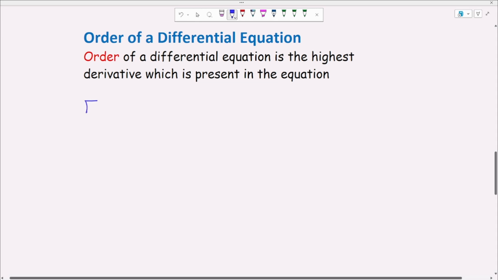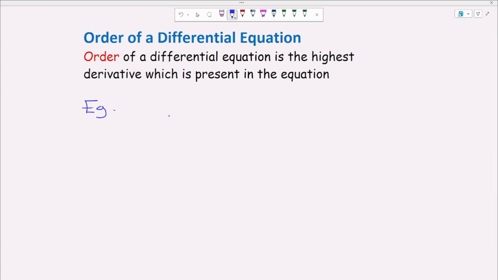If you have a differential equation, let's say partial z over partial x to the power 4 plus partial squared z over partial x partial y all to the power 6 equal to x.